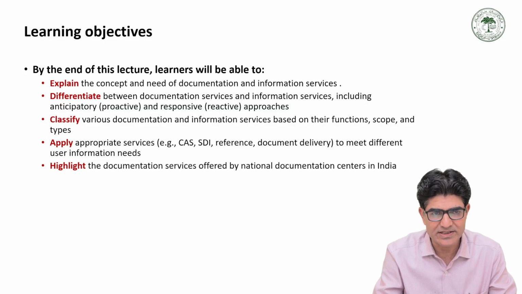They will be able to classify different documentation and information services based on their functions, scope, and types, and will be able to apply appropriate services, for example, current awareness service, selective dissemination of information, reference, and document delivery service, to meet different kinds of user information needs.